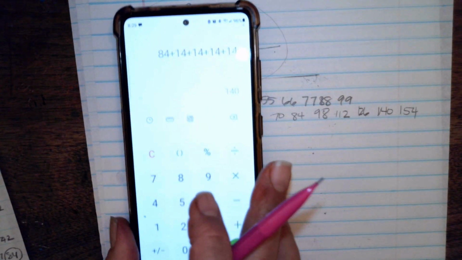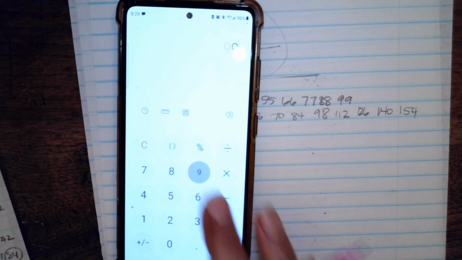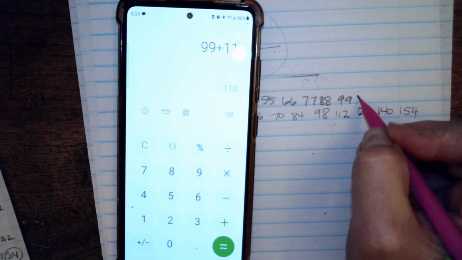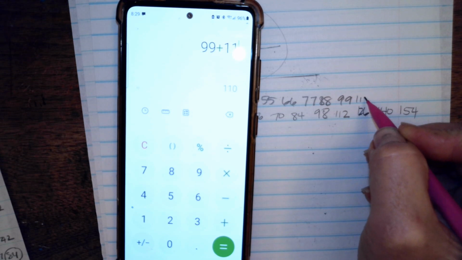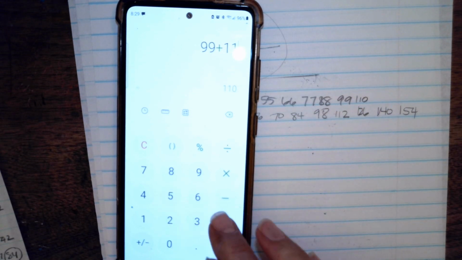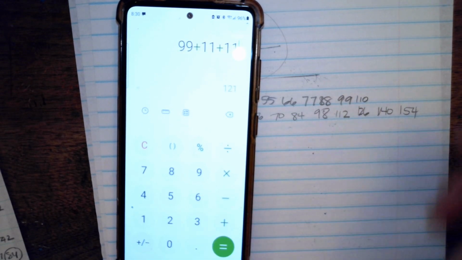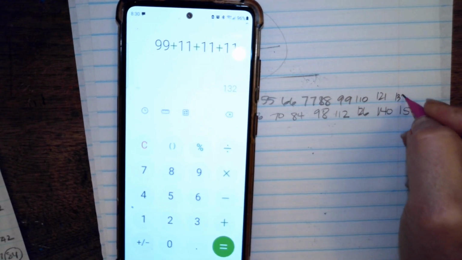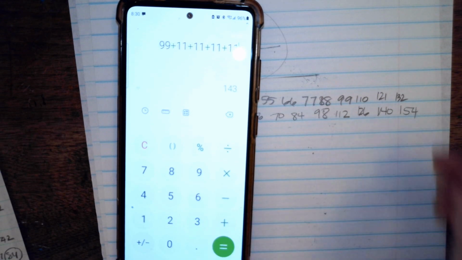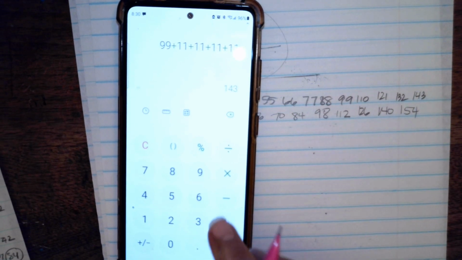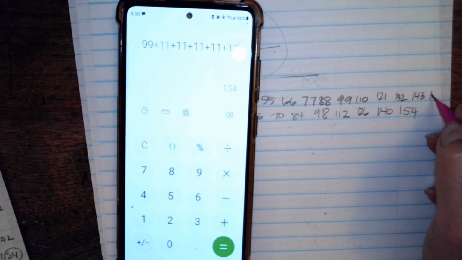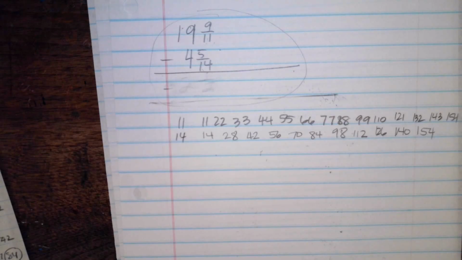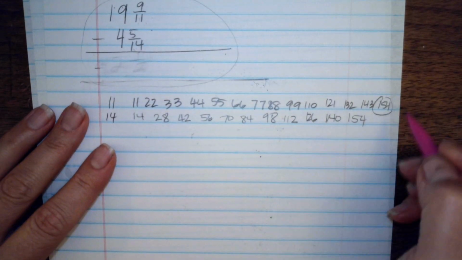So I'm going to keep counting up. 99 plus 11 is 110 plus 11, 121 plus 11, 132 plus 11, 143 plus 11, 154. So 154 is my number.